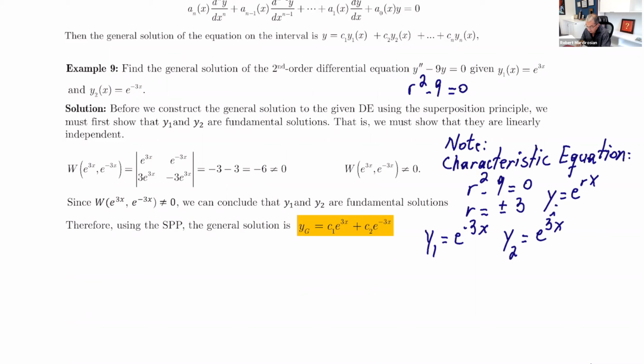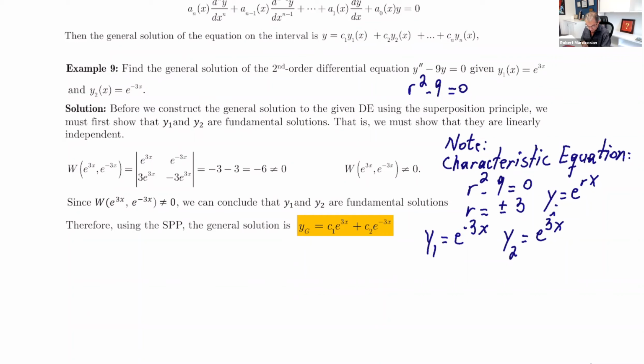Now the solution of a homogeneous equation like that can be written as y sub i equals e to the power of rx. And we have two r's here. One is -3 and the other one is positive 3. So I have my y1 and y2, which are given here. Next, we want to know if these are linearly independent.